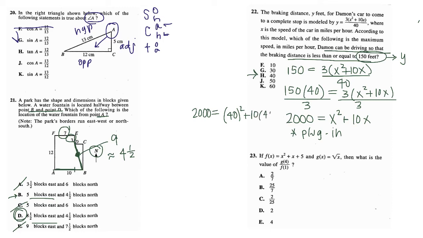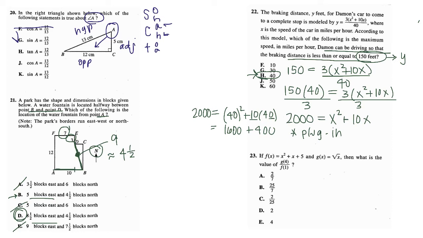If it doesn't, if it's too big or too small, then you know to try F and G or J and K. This one works out nice and neat because 40 squared is 1,600 plus 10 times 40 is 400. So we have our right answer here in the middle already. As far as finishing solving and going through a factoring situation, I would not do that. After I had my equation down to this point, I would go plug in.